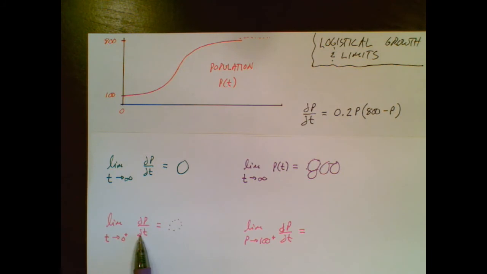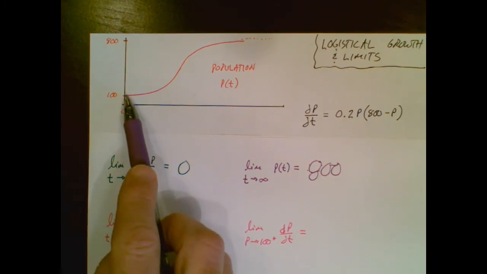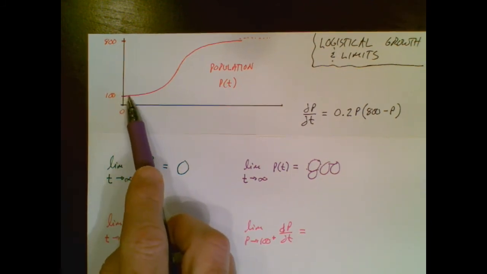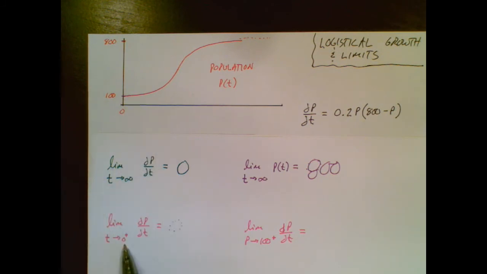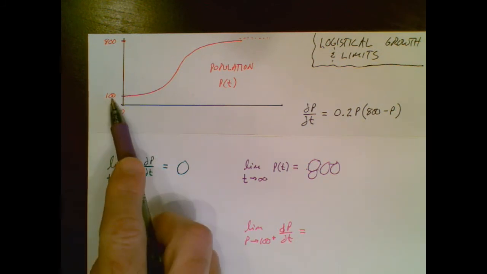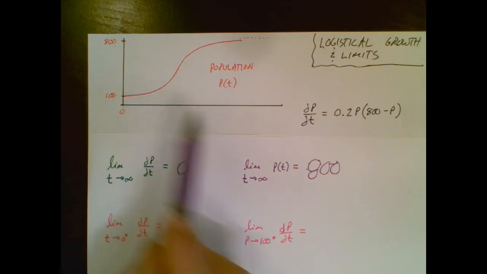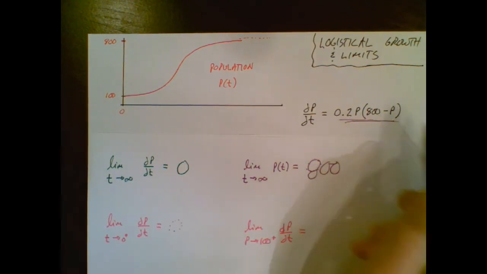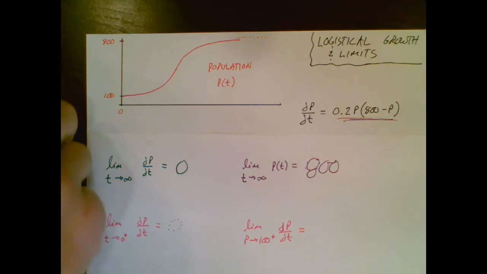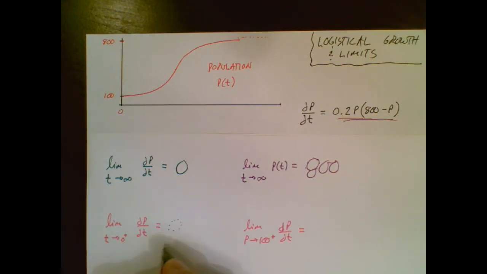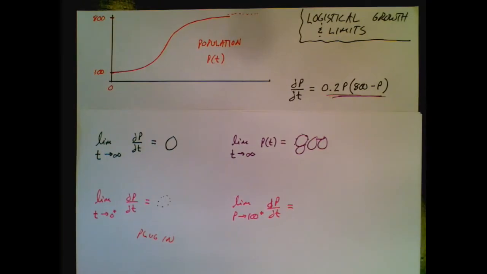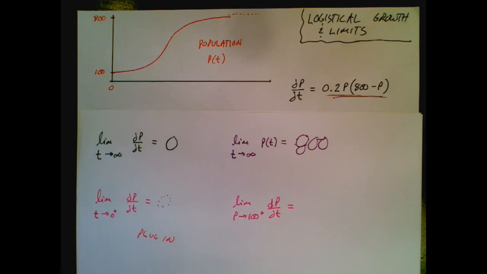And here's the dilemma. My instinct is to say 0 because the graph looks like 0, but as t approaches 0, my population is closing in on 100, and this dP/dt graph depends on the population. So I can actually just do some version of a plug-in, or I can do some kind of intelligent t-chart thinking.